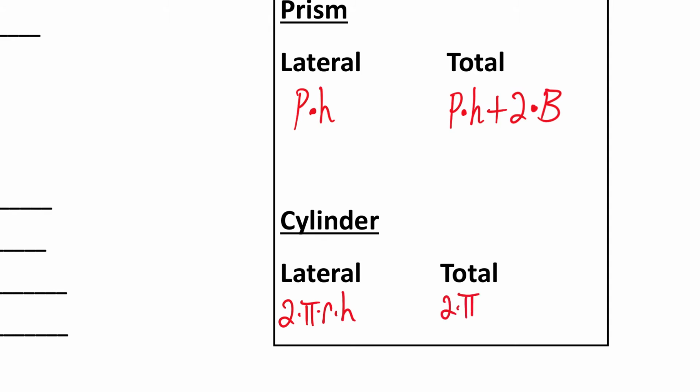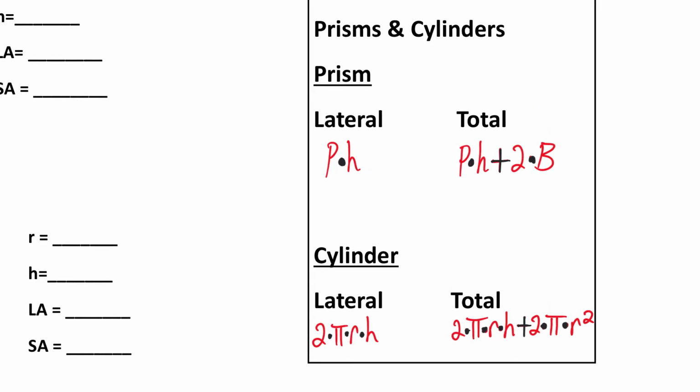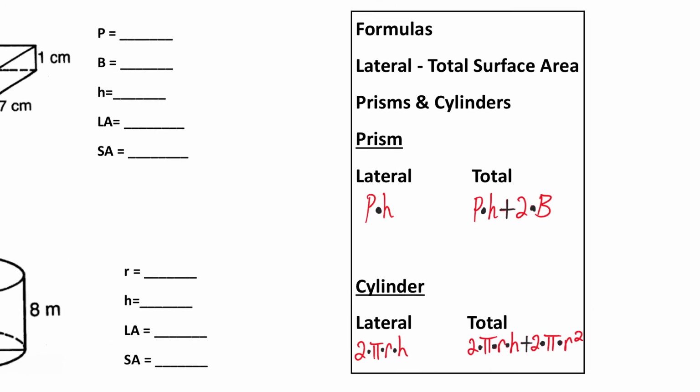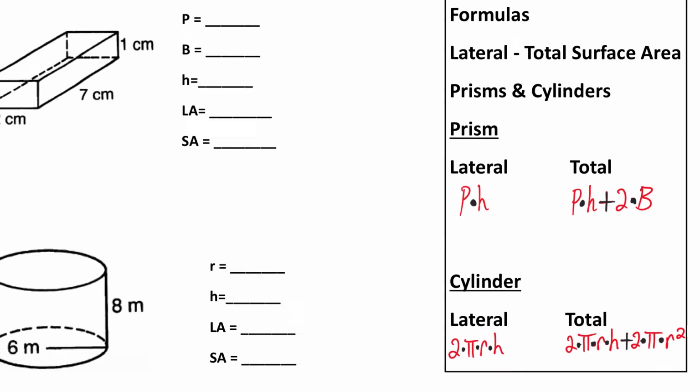For the total, it's 2 pi RH plus 2 pi R squared.